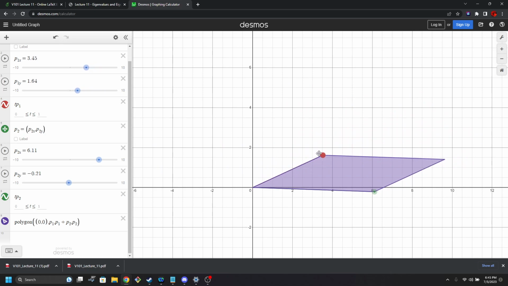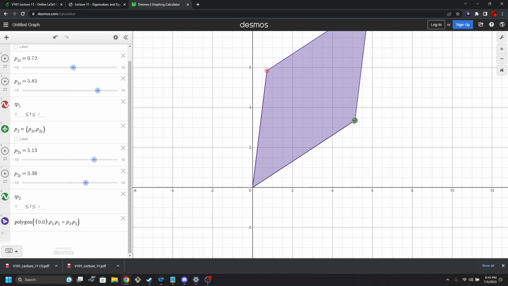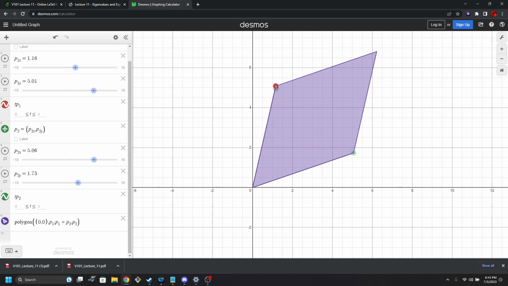So I want to point something out, though. We talked about linear dependence. What happens if I make these vectors linearly dependent? Well, if they were truly linearly dependent, then this parallelogram goes from being a parallelogram to being a line.